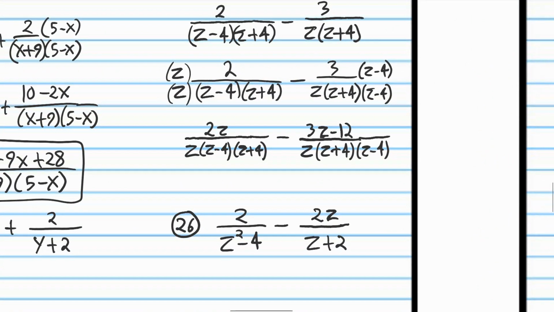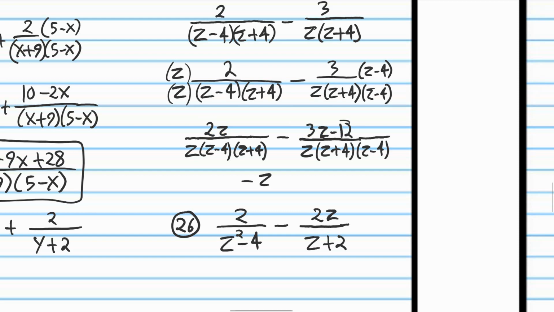Now here's where the sign problem comes in. We're subtracting all of this. So that means when you combine the numerators, you have to change the signs of all these terms. So this is a positive 3z, but it becomes a negative 3z. And this is a negative 12, but it becomes a positive 12. So we have 2z minus 3z is negative z.